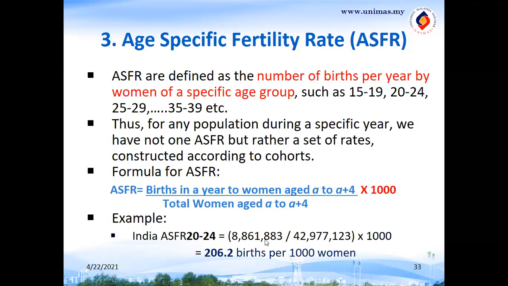And as the age group gets higher, or older, the age-specific fertility rate also goes down. The highest is among this group, 20 to 24, and also 25 to 29. But after 30, the age-specific fertility rate goes down.